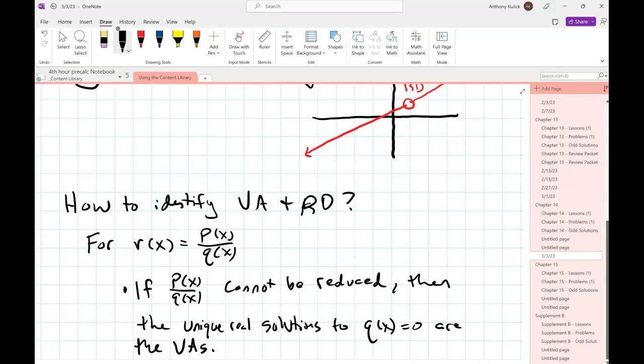So assuming that the fraction p of x divided by q of x cannot be reduced, then the unique real solutions to the denominator set equal to 0 are going to give you the vertical asymptotes.